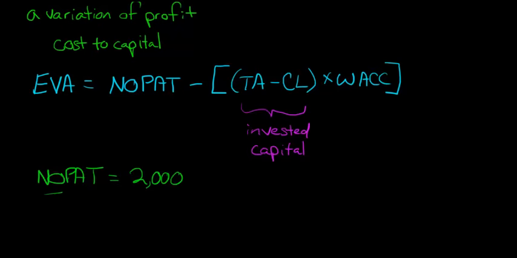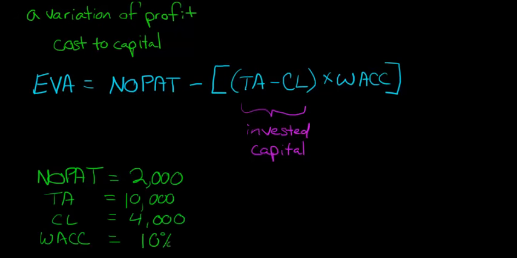The total assets we've got 10,000, and then current liabilities, we'll say 4,000, and then we'll assume that our weighted average cost of capital is 10%. Now, given these things, we can calculate the economic value being added, because we want to ensure that when we're making investments, the return exceeds the cost of capital on the money that we have invested in our business.